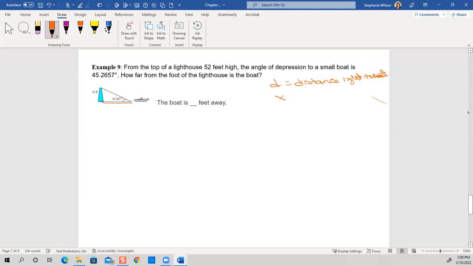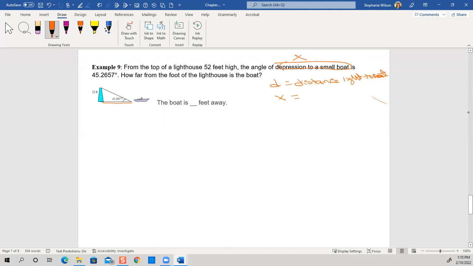I'm going to let X be the angle of depression to the small boat. Let's just write it here so we don't have to write extra. The measure of the angle is 45.265 degrees. Note we got that.